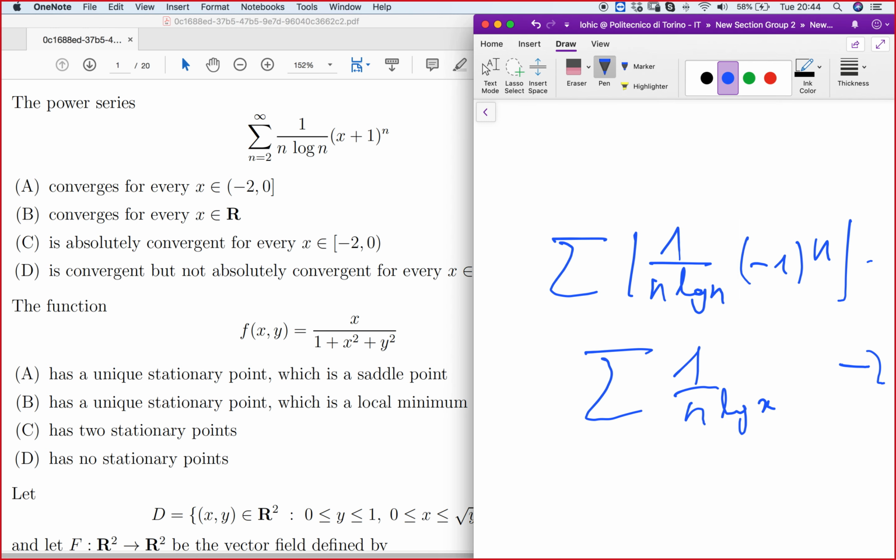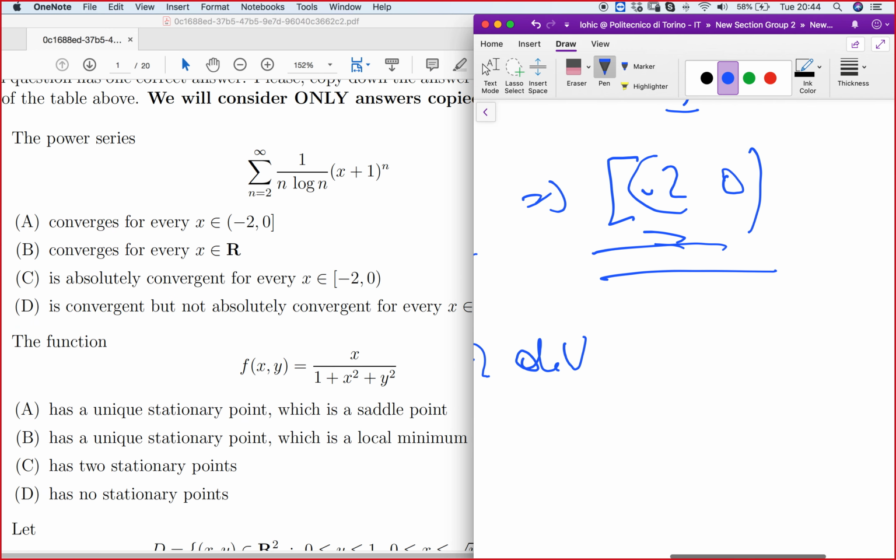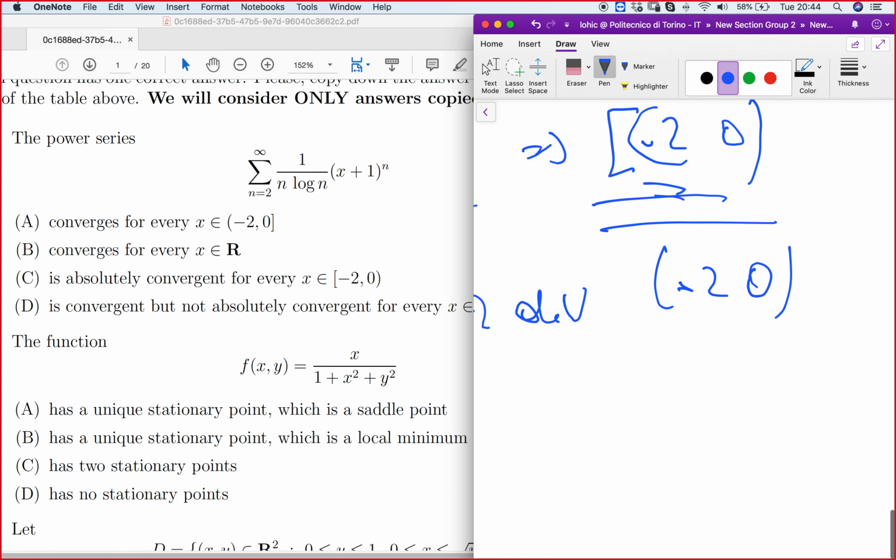Yes, absolutely. We saw that it converges absolutely in the interval from -2 to 0. Then we check the convergence at -2, and see that it converges also at -2.